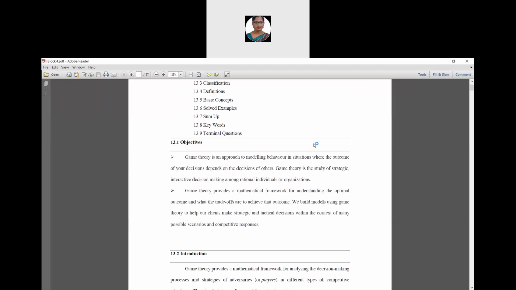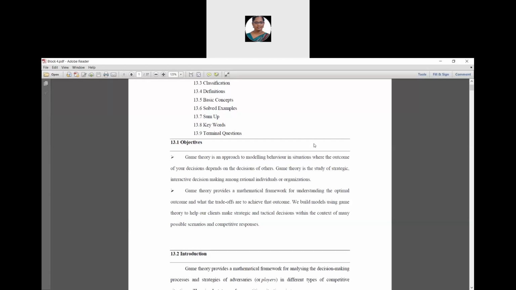So game theory is an approach to modeling behavior in situations where the outcome of your decisions depends on the decisions of others. Game theory is the study of strategic interactive decision making among rational individuals or organizations.